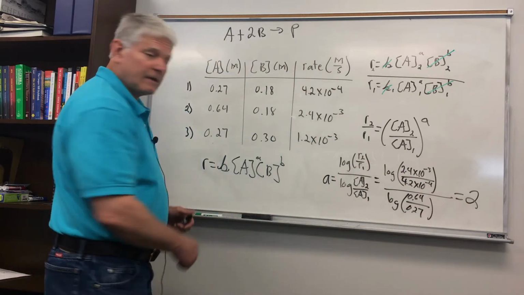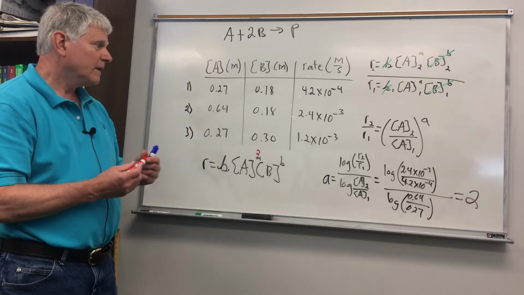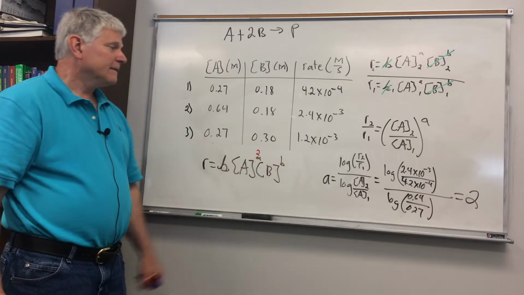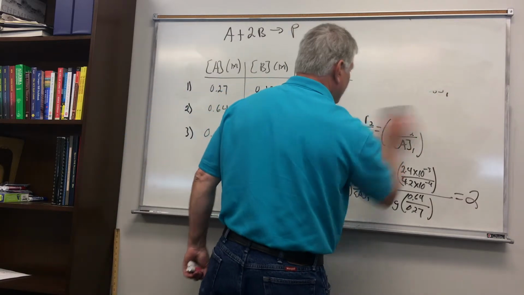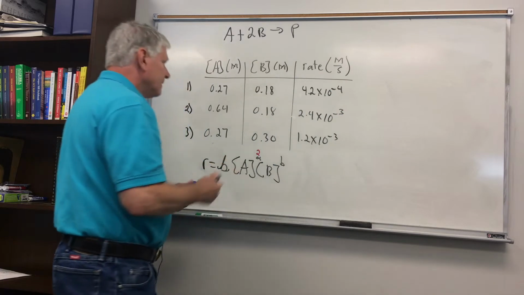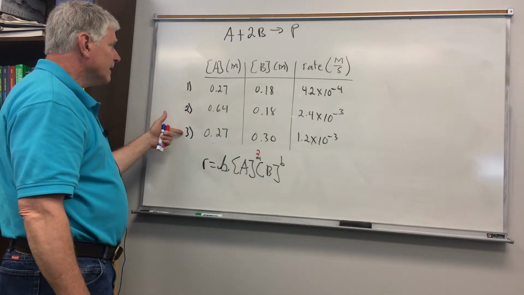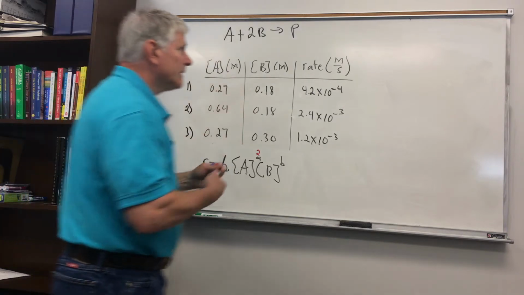So now we have our exponent a, and that's 2. Let's find the exponent b. So we use the same procedure. And this time we'll use experiments 1 and 3 because A doesn't change but B does.